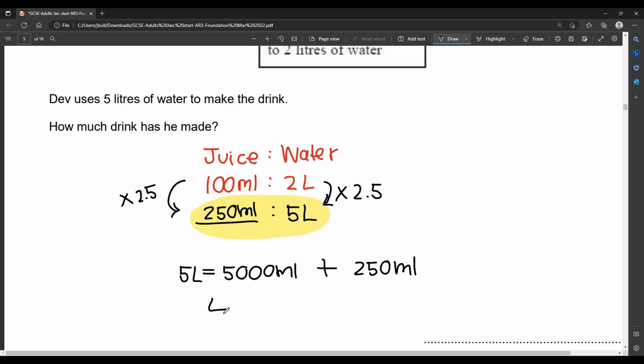So in total, we are going to have 5,250 milliliters. Or you can rewrite that in liters: divide by 1,000 and we would get 5.25 liters. So either one of those would be acceptable there. They haven't said if they want it in milliliters or liters.